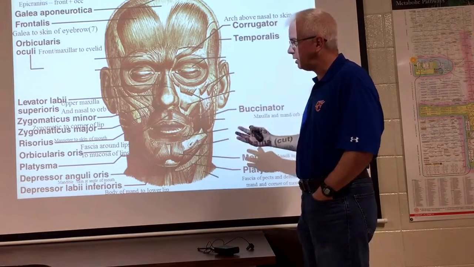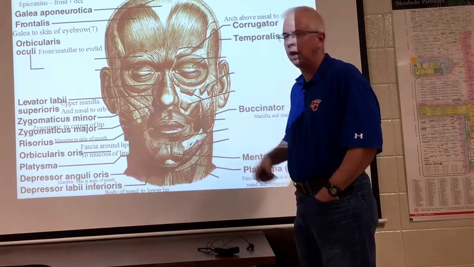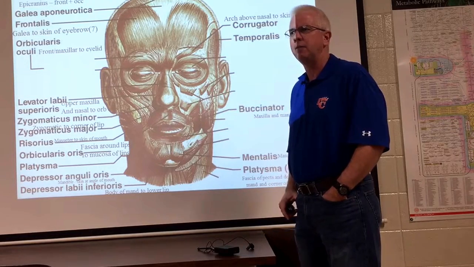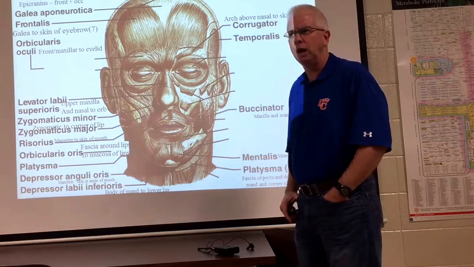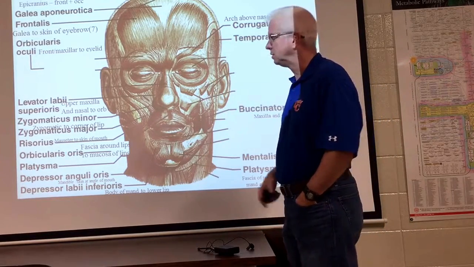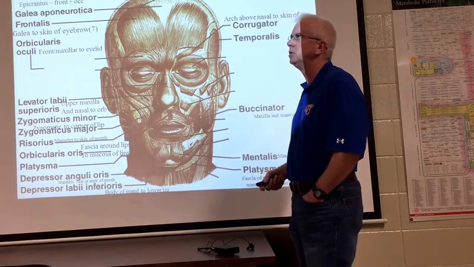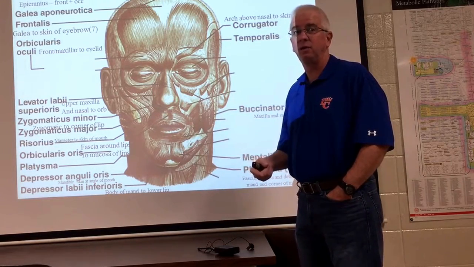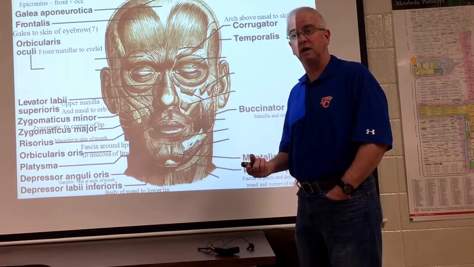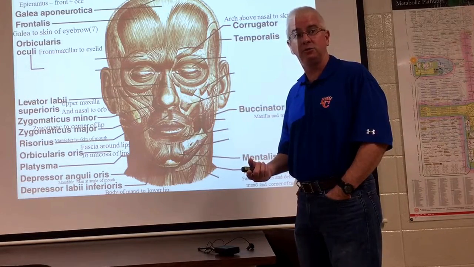The levator here is attached to what is called labii, an anatomy word that means lips. When you see the word labii, you think lips. This muscle is called the levator labii superioris. So it must elevate the lips from the superior side. You see that? Its name tells you what it does.